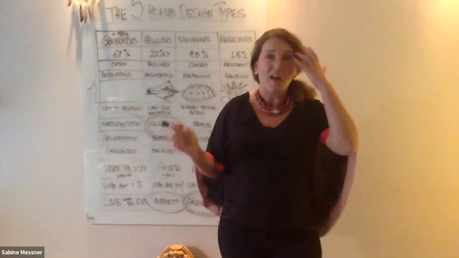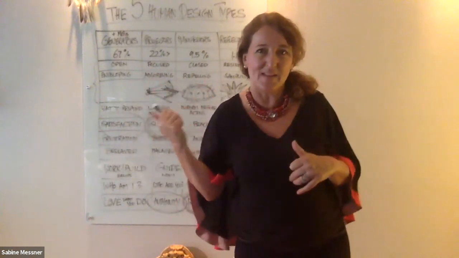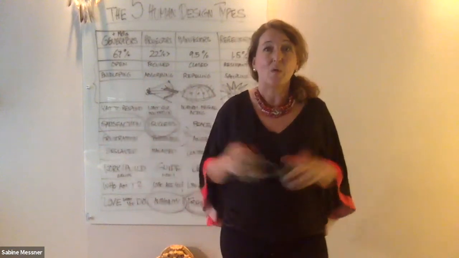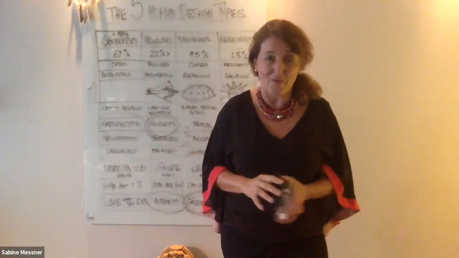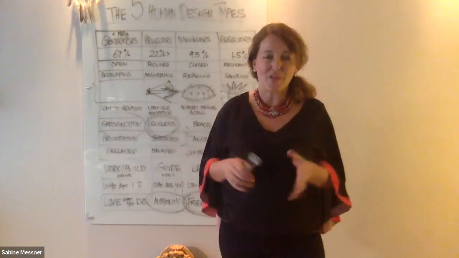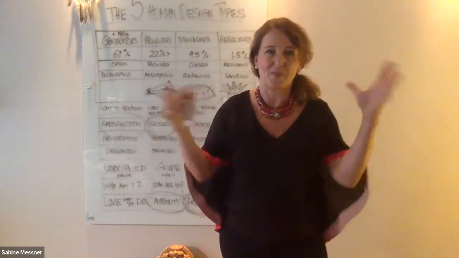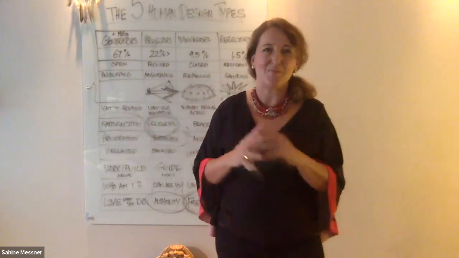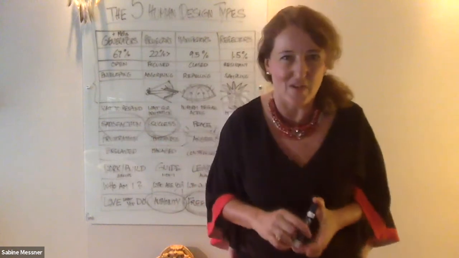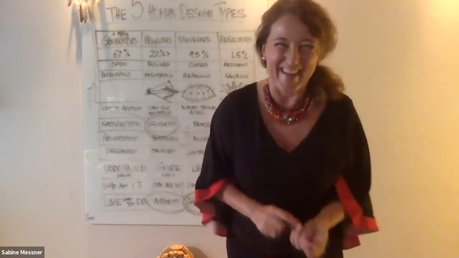In fact, even though statistically the manifesting generators are lumped into this column of the generators, we are actually our own sort of breed, if you will. So let me first talk about the pure generators, and then in my grand finale, I'll touch base on the manifesting generators, because we're really, truly something different altogether.